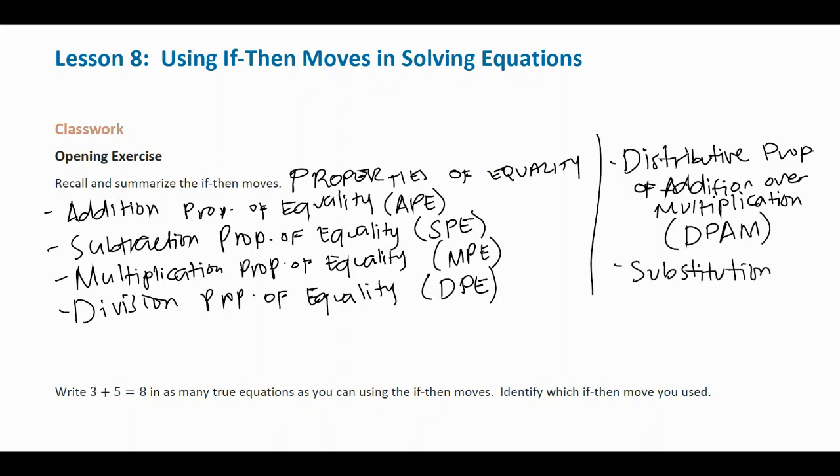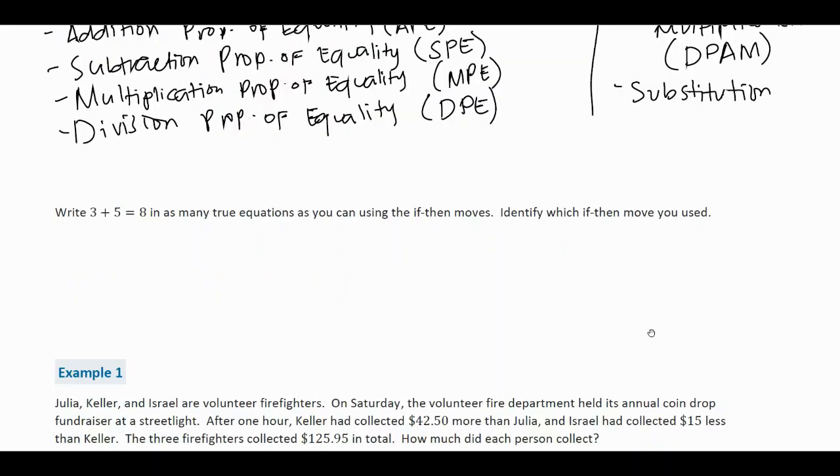All right. So now, write 3 plus 5 is equal to 8 in as many true equations as you can using the if-then moves. So basically, it's just asking for this. If you were given 3 plus 5, all right, for the addition property of equality, what do we mean by this? 3 plus 5 is equal to 8.